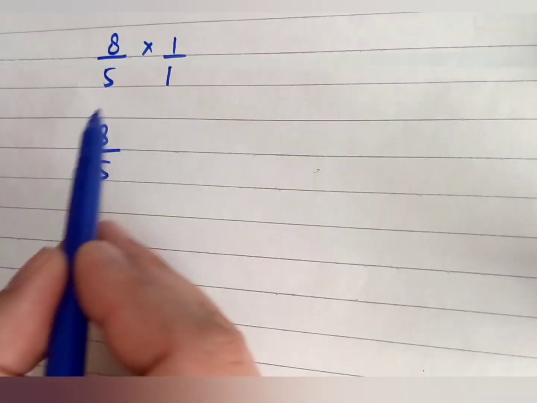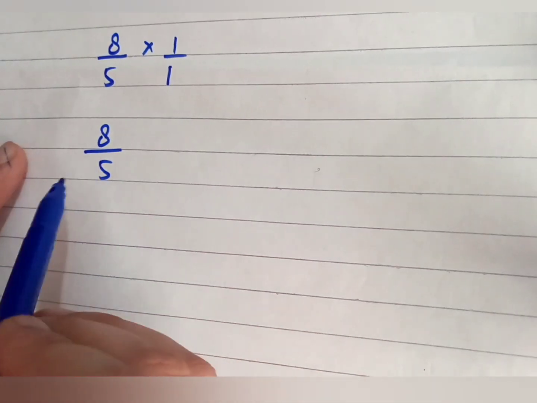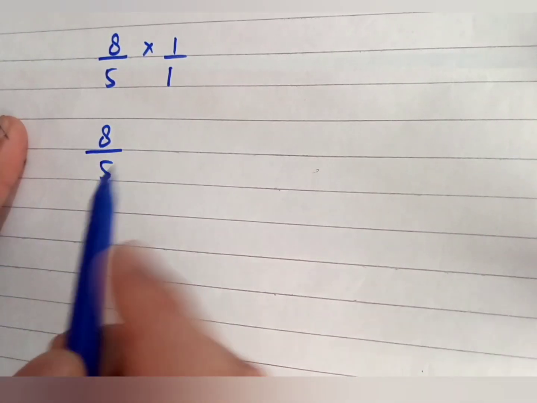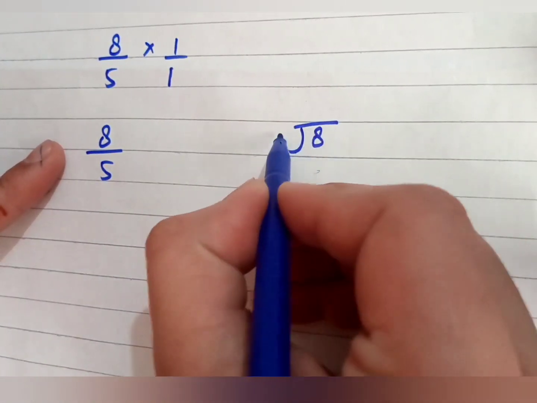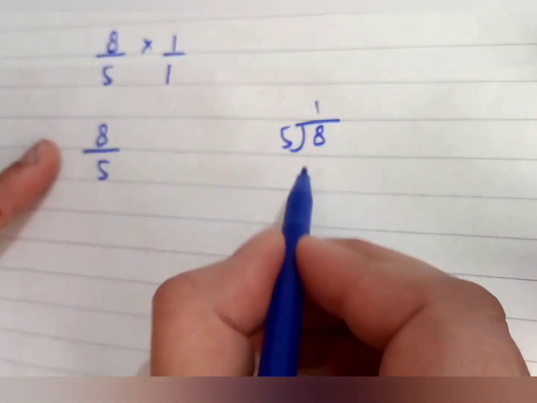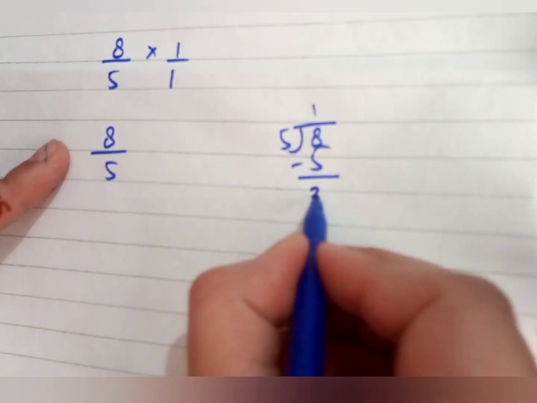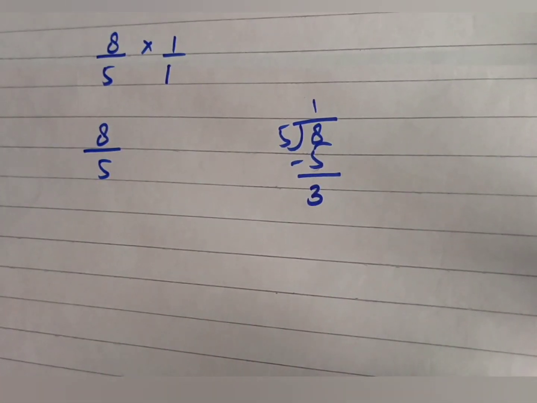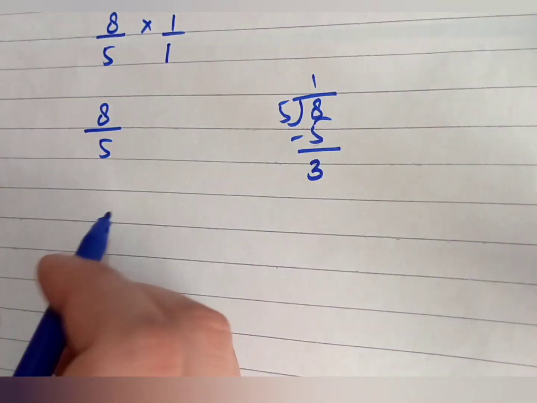If you look at the fraction, you see that it is an improper fraction. Why? Because our numerator is bigger than our denominator. To simplify this, we have to divide 8 by 5. 5 1s are 5, and 8 minus 5 is 3. Now you have to write this quotient, remainder and divisor in the form of a mixed fraction.